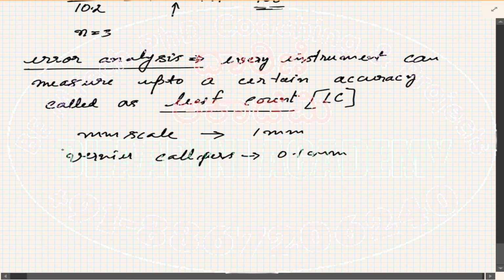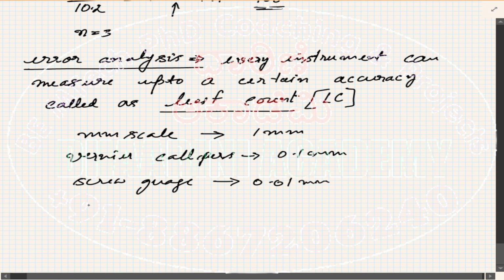Okay, similarly we have another device or instrument called, say, screw gauge. This can measure up to 0.01 mm. Lesser than that it is not possible, right?